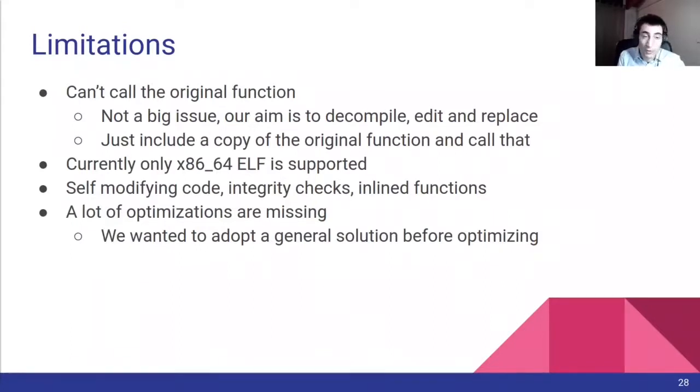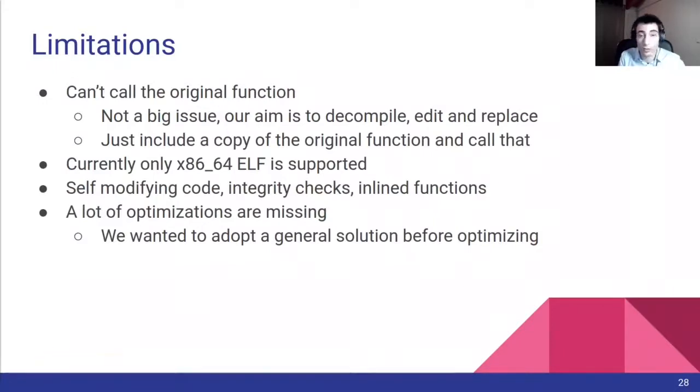For us, this is not really a big issue because our aim is to be able to decompile, edit, and replace the function, so the functionality will be preserved, and if you need to, for some reason, invoke the original version of the function, you can just include that together with the patch and call that instead. We also currently only support x86-64 binaries.